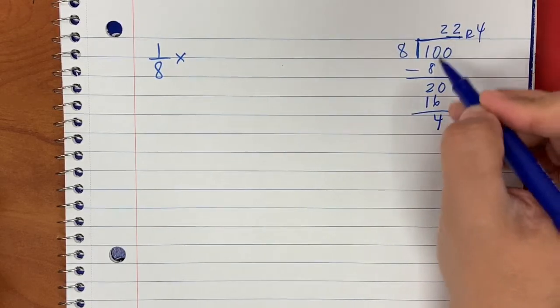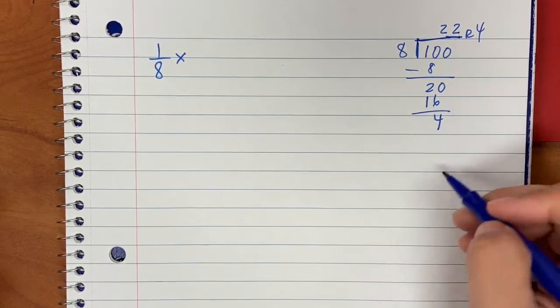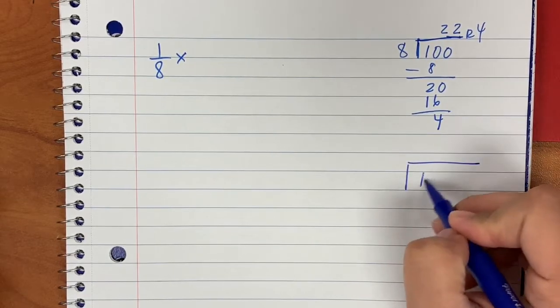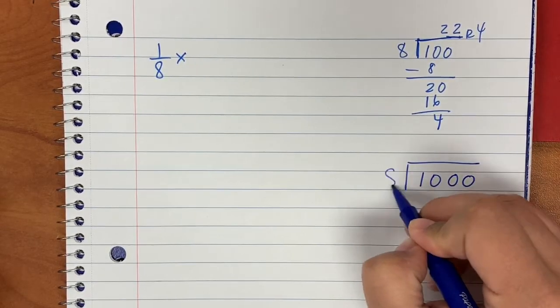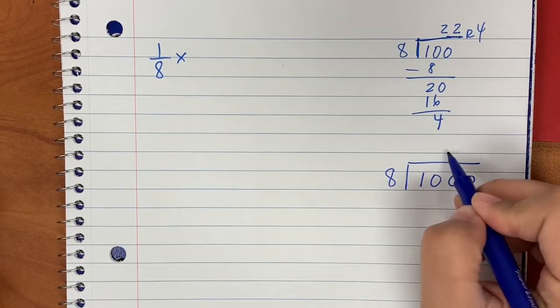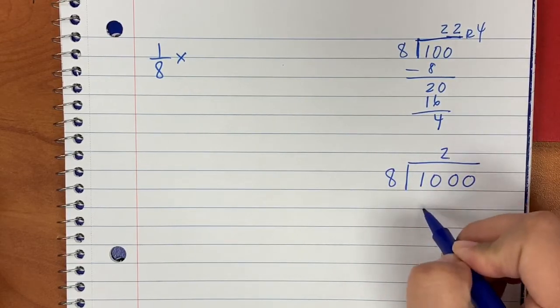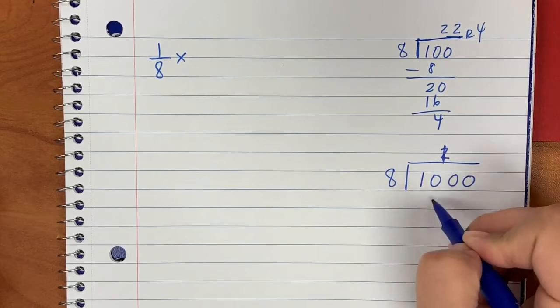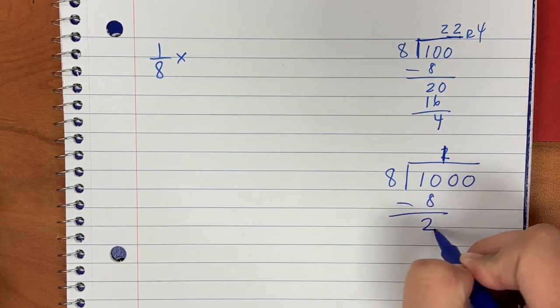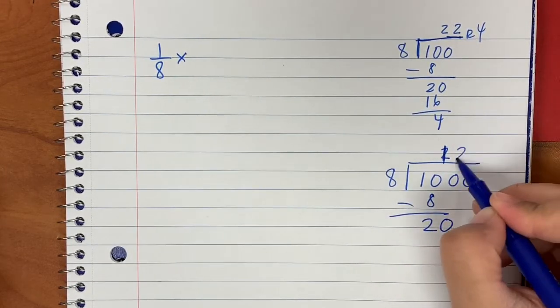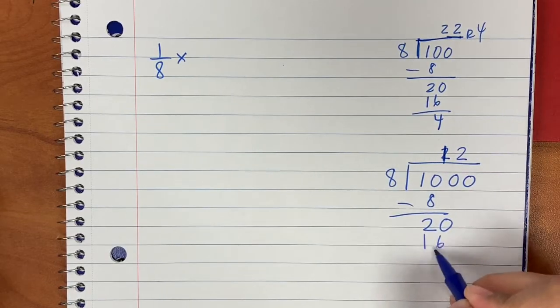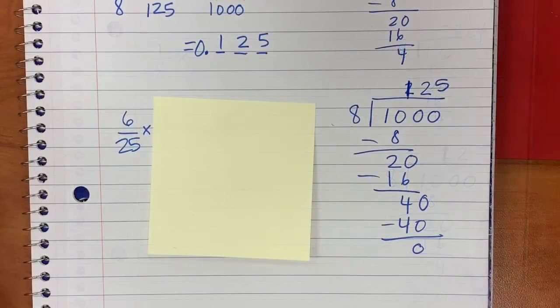So that doesn't go in evenly. But does it go in evenly into 1,000? Let's try it out. 8 into 10 goes 1. Subtract, you get 2, bring down the 0. You've got 2 here. 16, subtract.